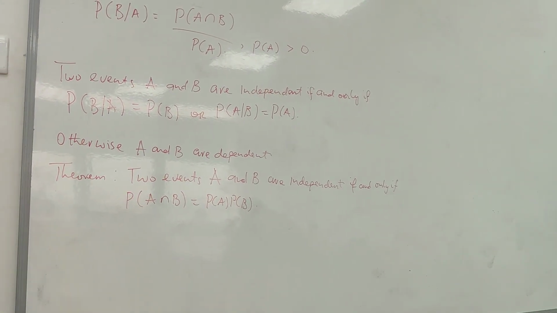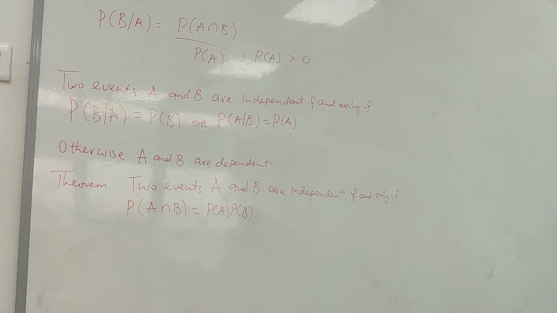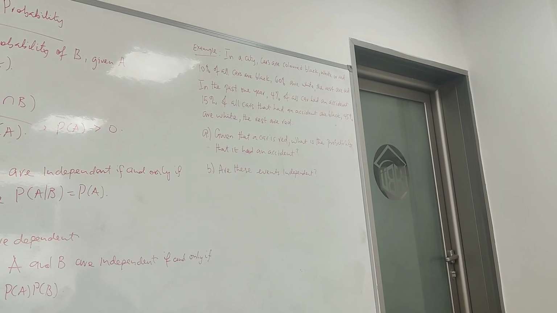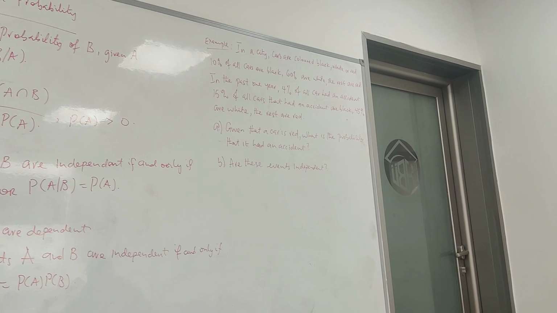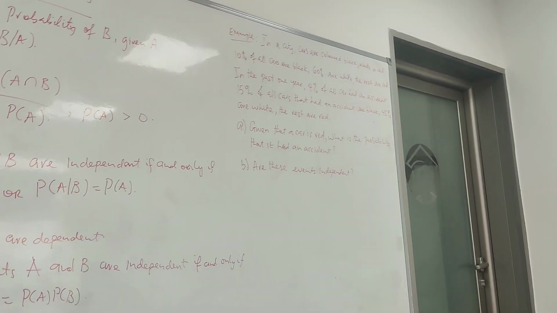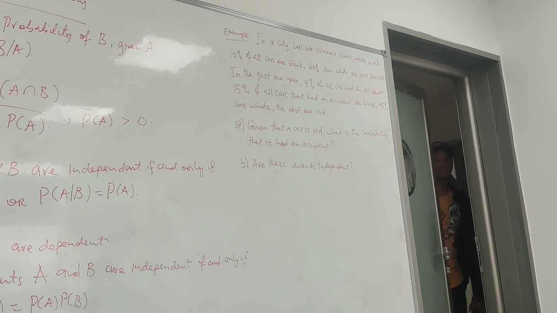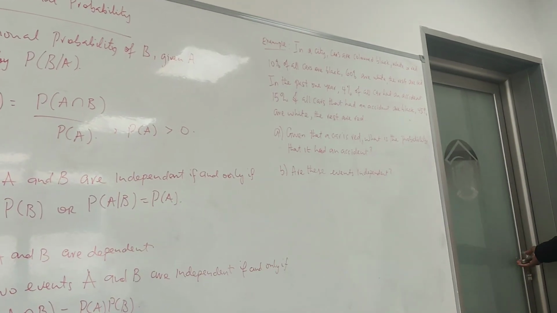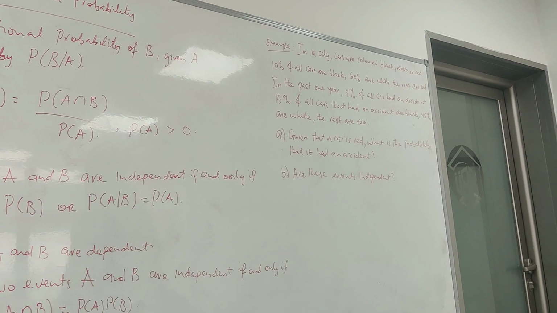So I'm going to give you the next 2 minutes for you to write down, then we'll look at an example. Thank you. An accident. To solve this question, the first step is to look for the probability of a white car and red car that had an accident.